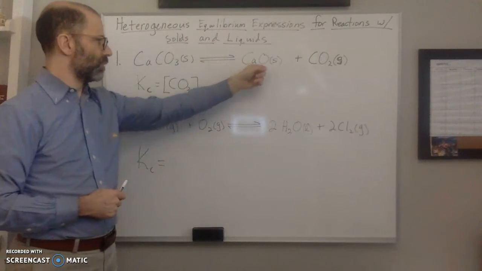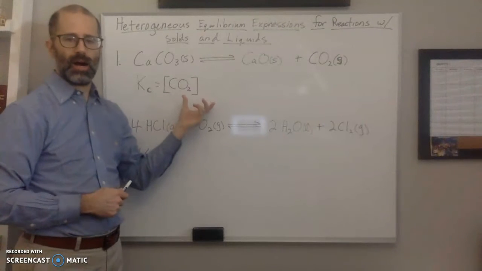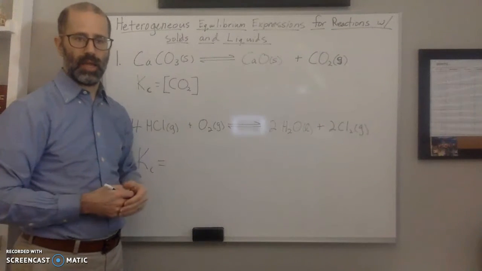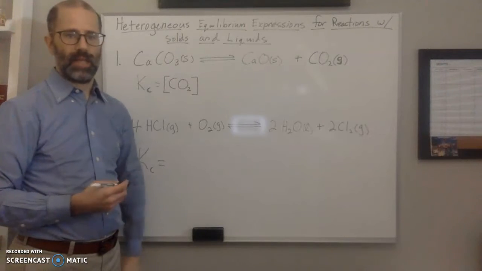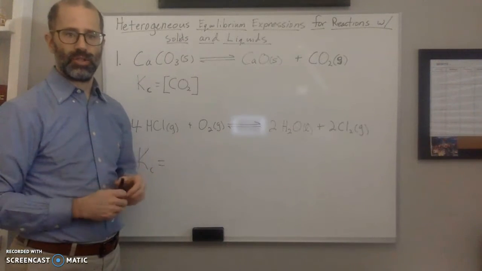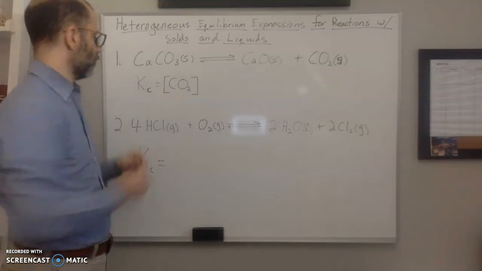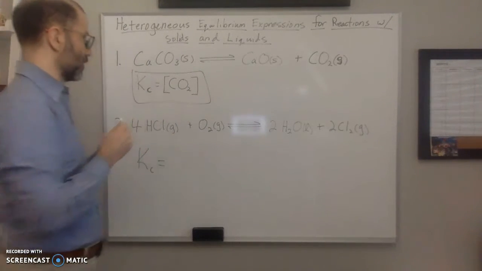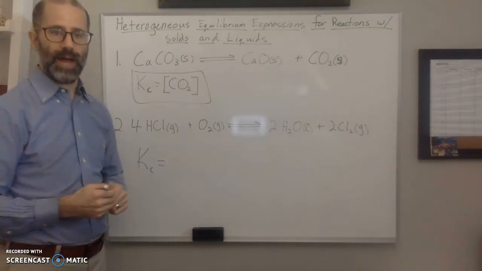But since this product and this reactant are solids, we're not going to include them because, again, the concentration of a solid doesn't change during the course of the reaction. So this is the expression of Kc for this reaction.